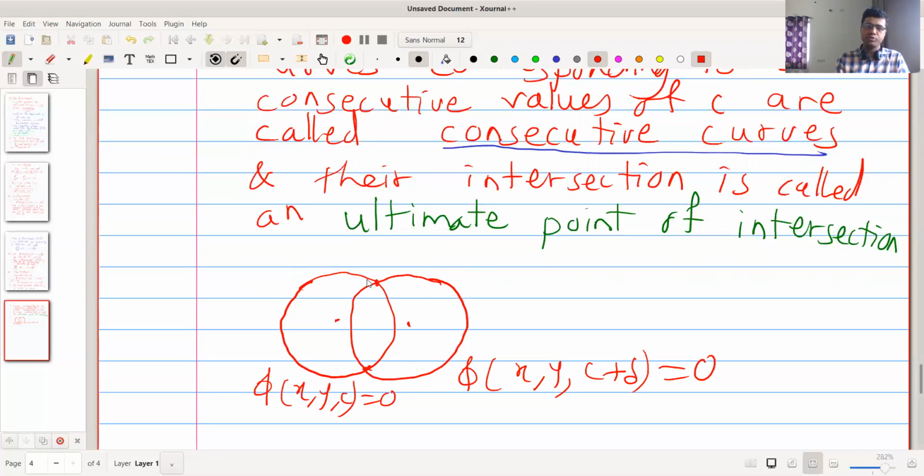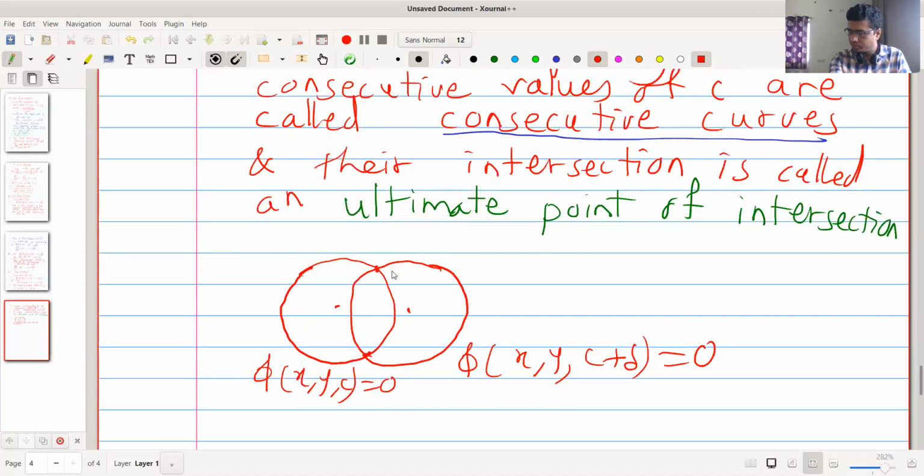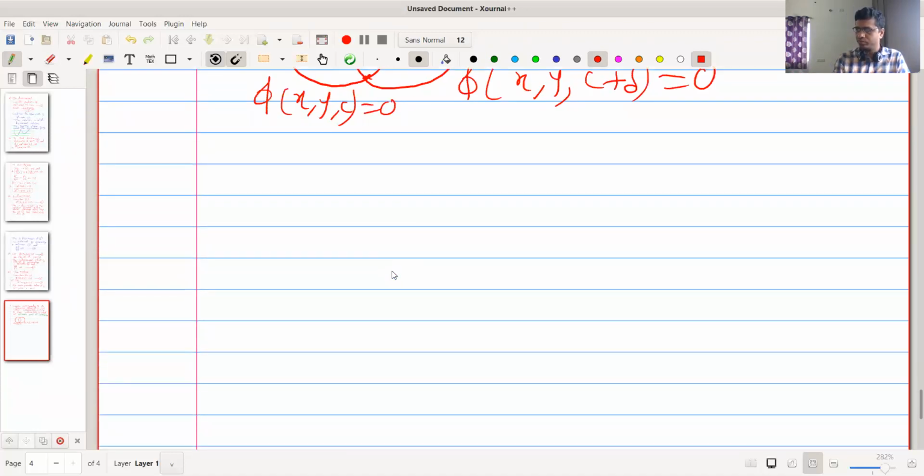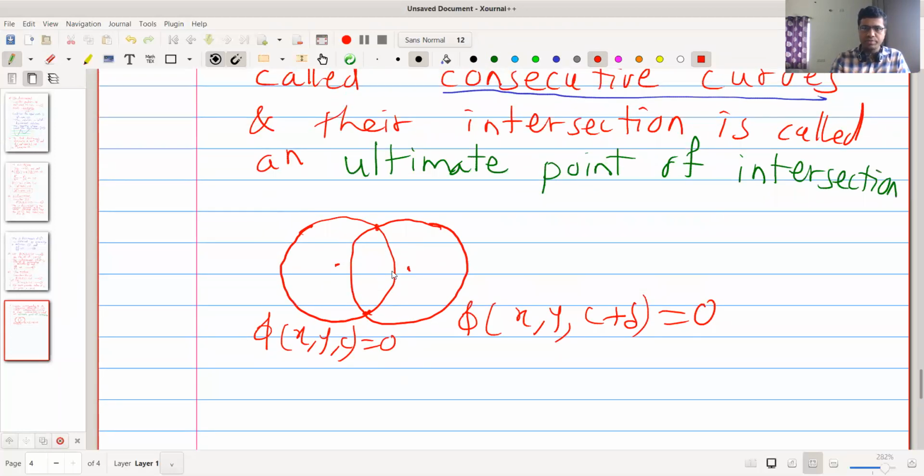So the limiting positions are y equal to a and y equal to minus a. So these are the ultimate points of intersection.